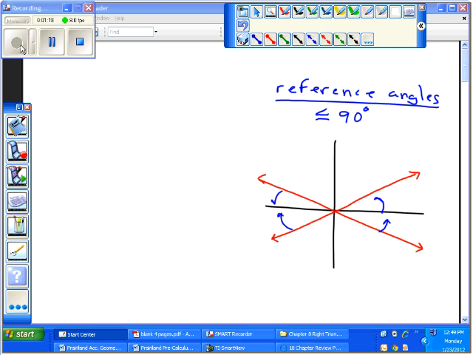When we're talking about a reference angle, we're talking about the angle between the terminal side and the x-axis.